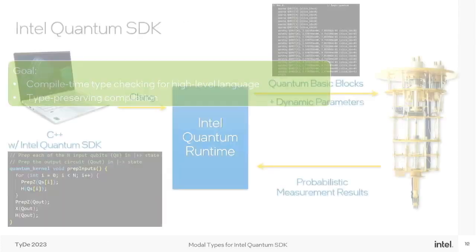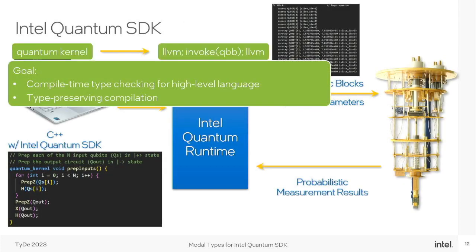So our goal then is to define some kind of type checker or static analysis pass on the high-level language that enforces the property that every quantum kernel can be compiled to at most one QBB. And we want to make sure that the type system is going to enforce all of those English language properties that we saw before.